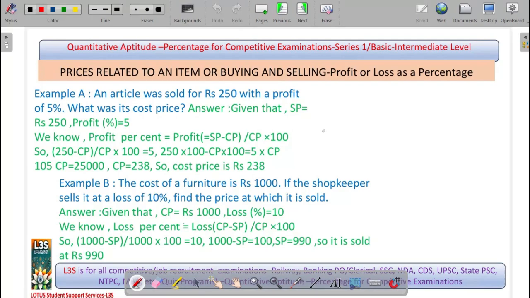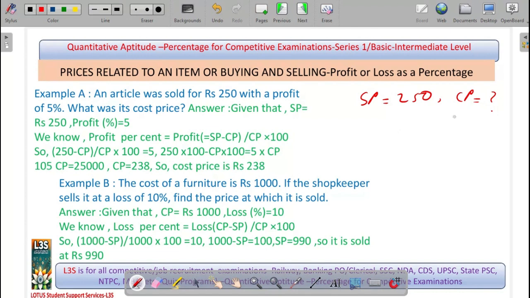Example 1: an article was sold for rupees 250. So the sale price is 250 and the profit is 5%. What is the cost price? Profit percentage is 5.